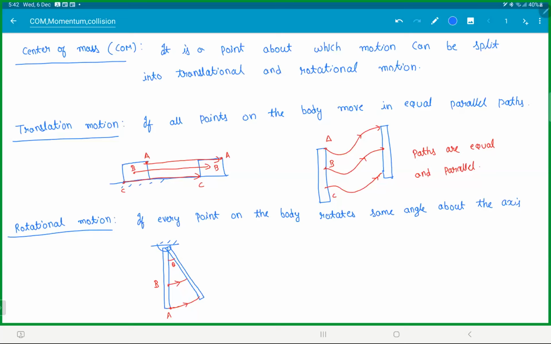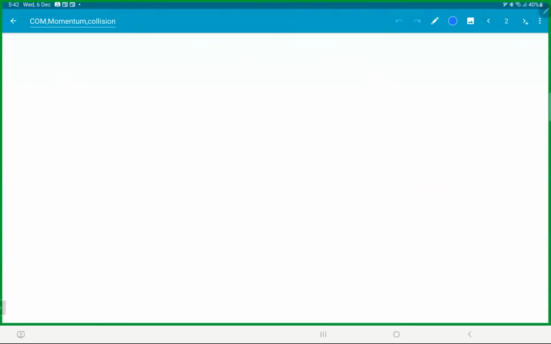Great. Let me take an example, and I think you'll understand it better. Understand one thing: rotational motion and translation motion are completely different from what you have studied till now. Example: let's say you have a case like this.